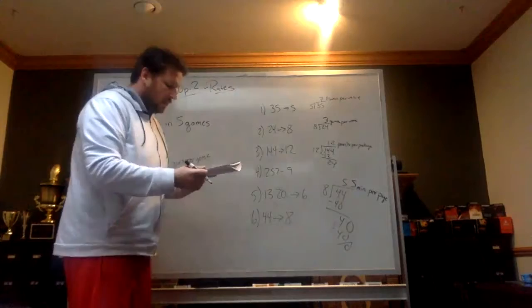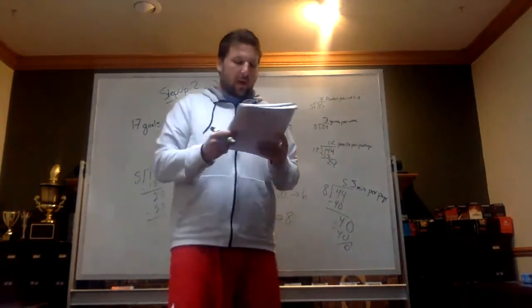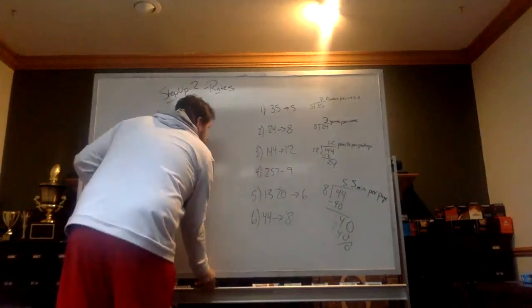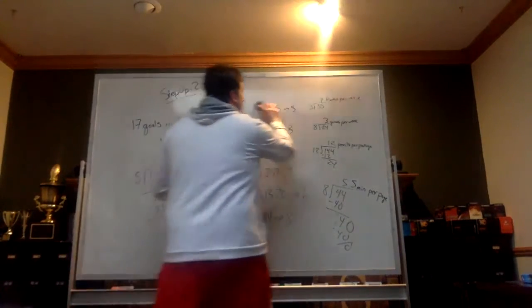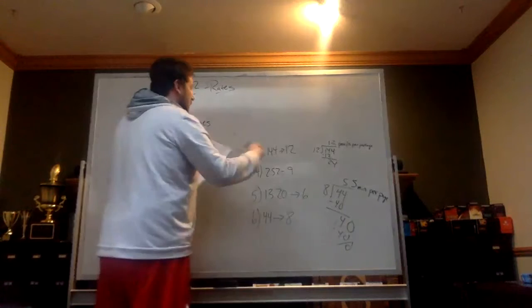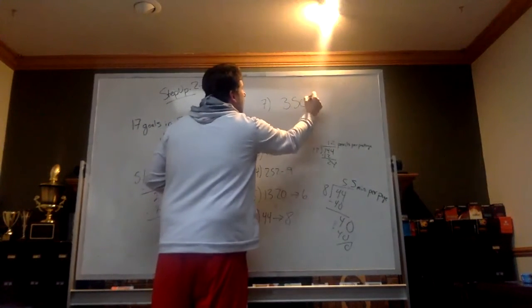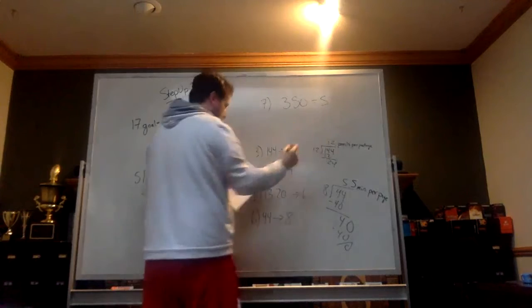For number 7, if a car travels 350 miles in 5 hours, what is the rate per hour? So I'm going to erase some of these up here. We have 350 divided by 5.